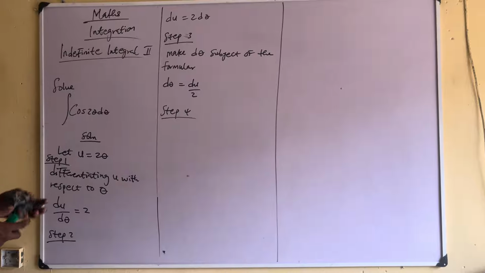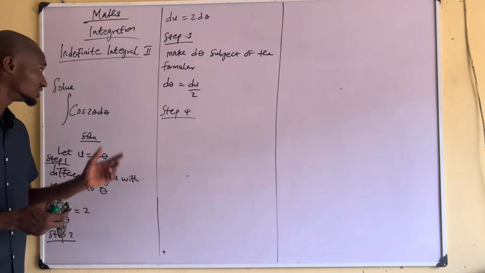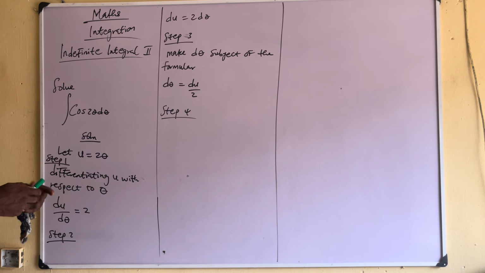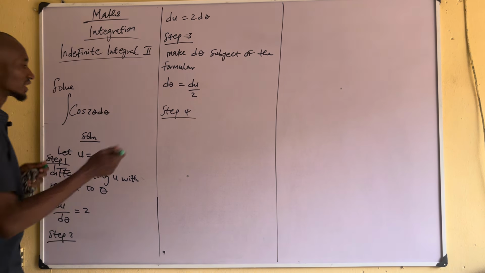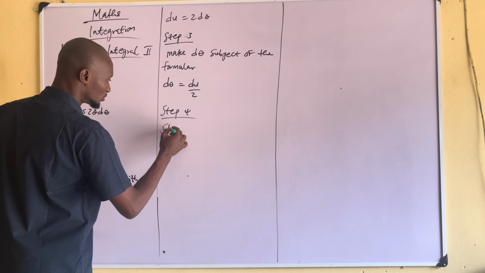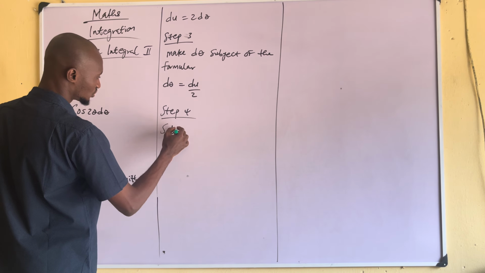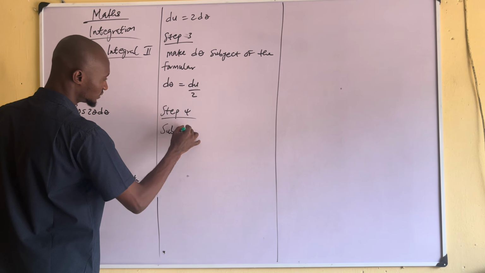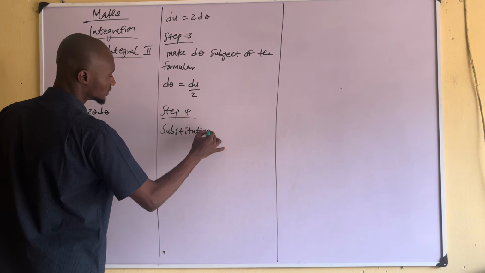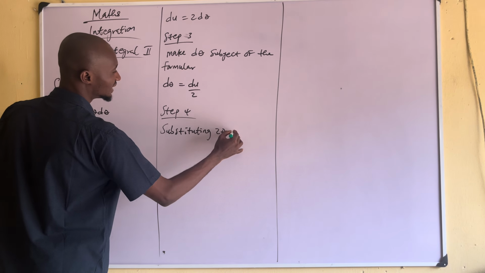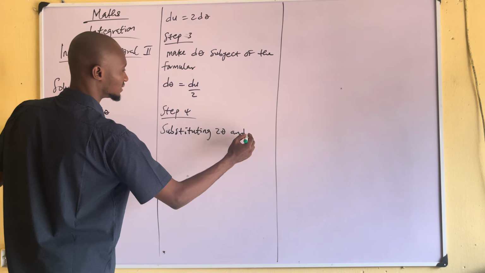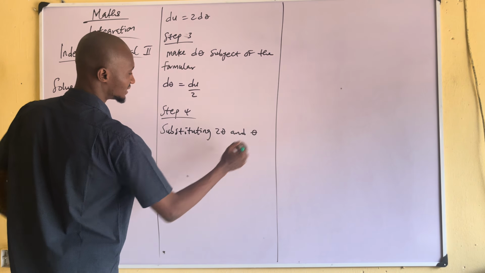So in this step I said substituting d theta and u, but in actual sense, what I meant is substituting 2 theta and d theta.